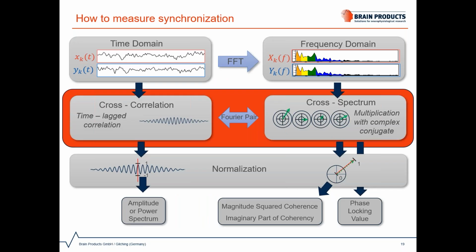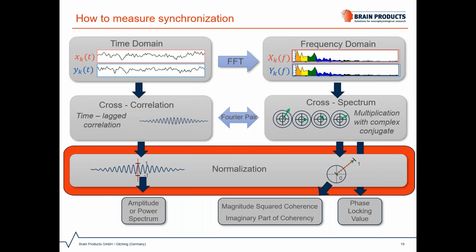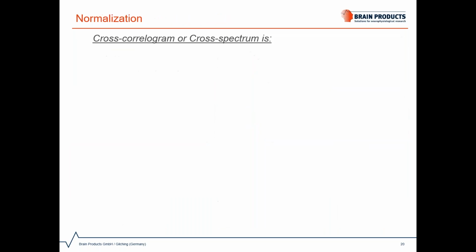The computation of the cross spectrum is the most important part of most synchrony measures and is crucial to the understanding of many connectivity methods. Let's now proceed to the next section that introduces normalization. Both the cross correlation and the cross spectrum are often normalized.